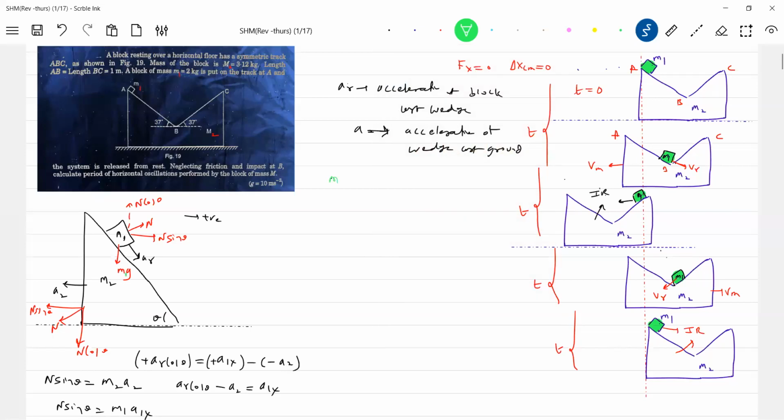Now look at this one. M1 g minus N cos theta equals M1 A1y. What is A1y? It will be AR sine theta. Theta also we know.